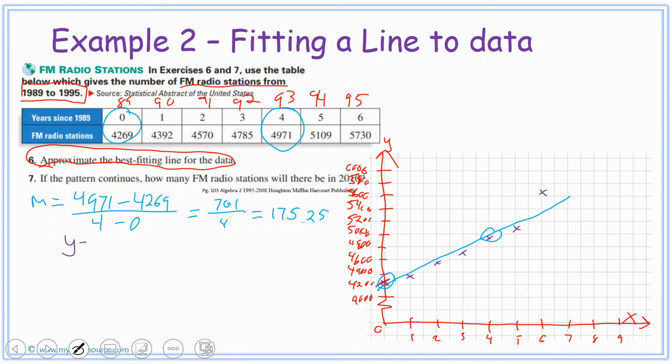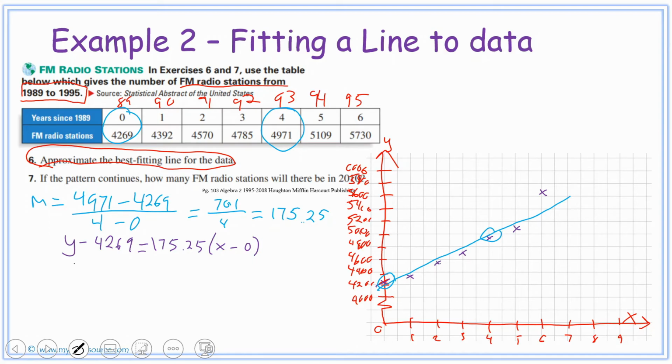So y subtract y1. So my y1 in this case would be 4,269 is equal to m, our slope that we just found, 175.25, times x subtract x1, which in this case is a 0. Now remember, it doesn't matter which one you chose. We did that before, and we still worked out the same thing.